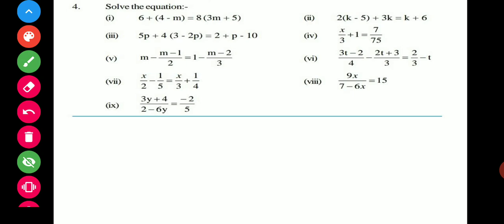First of all, we can write the equation. It is m minus 1 divided by 2 equal to 1 minus m minus 2 divided by 3.